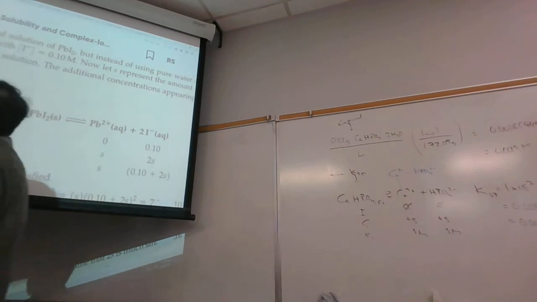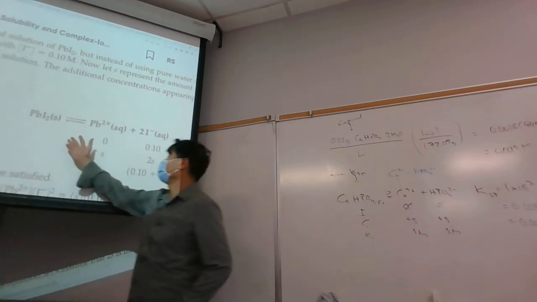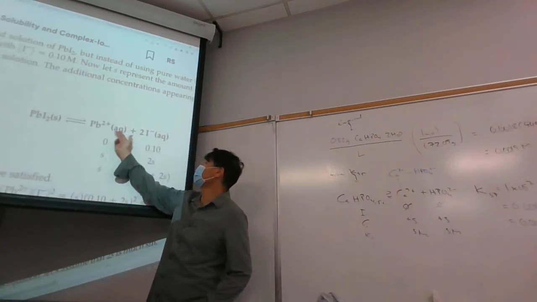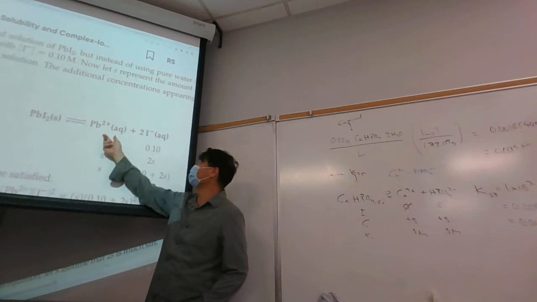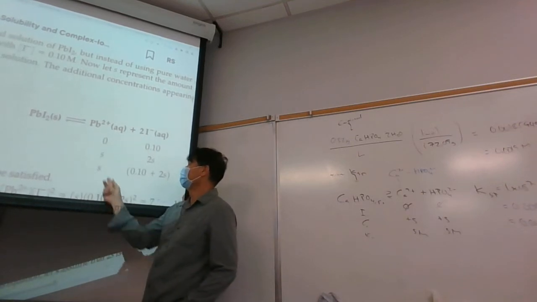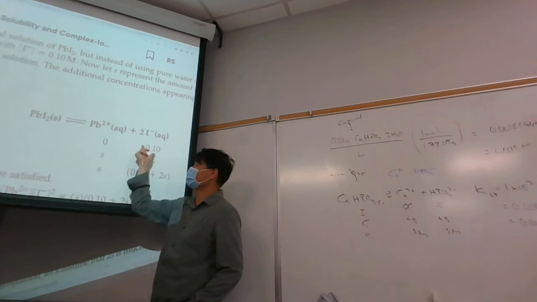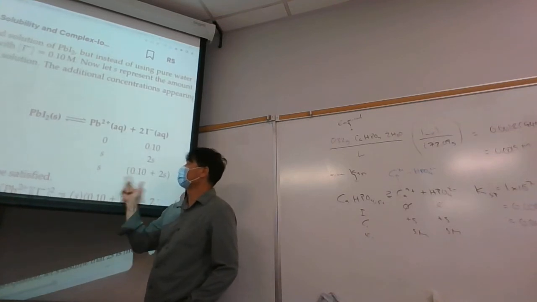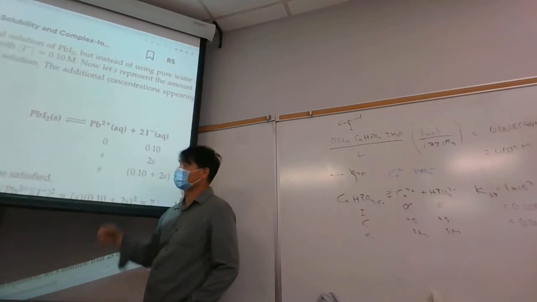So for example, if we're calculating the solubility based on lead and iodide, the free lead ion and the free iodide, then that's just, oh, this is common ion as well. And we have something like this.